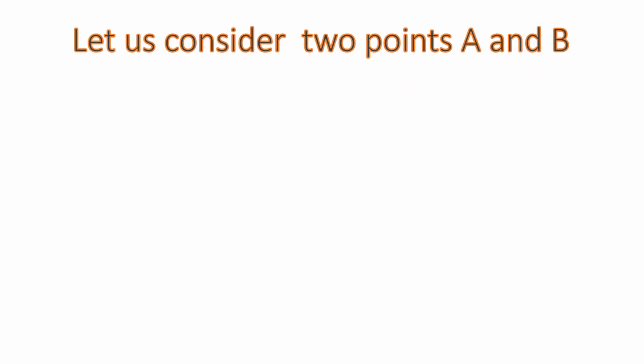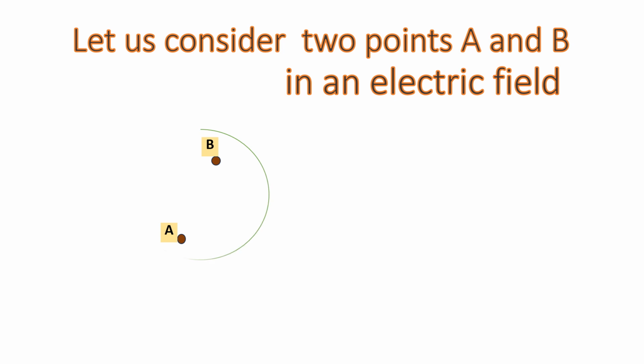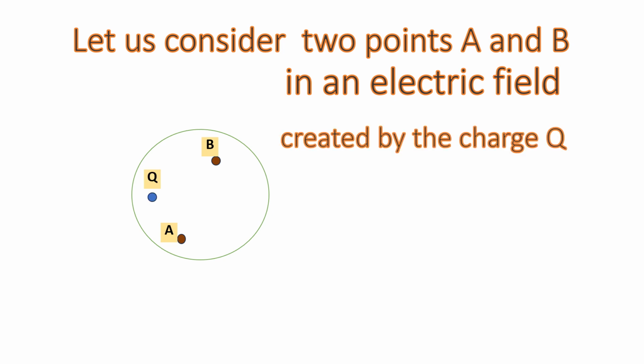So let us consider 2 points A and B. They are inside an electric field, both of them. And how is this electric field created? Who created this electric field? There must be another charge. So let us take a charge Q who actually created this electric field.